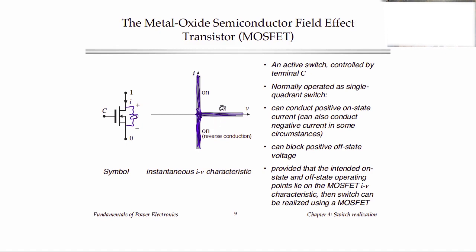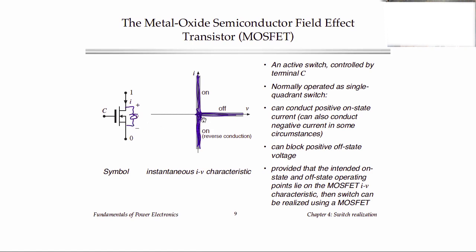I have to add a few caveats to that, though, because the body diode in many MOSFETs is not optimized to be a good, fast recovery diode. We'll talk about that in a few lectures from now. And in fact, if the diode is slow enough and you switch it off quickly, you can actually get such high currents flowing through that diode that it will make the device fail. So there are failure mechanisms associated with turning off the slow body diode.